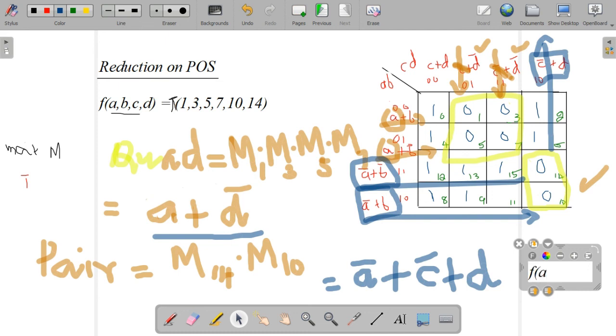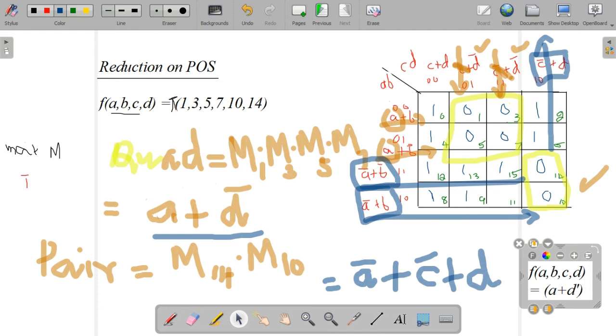Here just write F of A comma B comma C comma D equal to. First one is the chord, we have already done that chord, so we just write the same, A plus D dash.